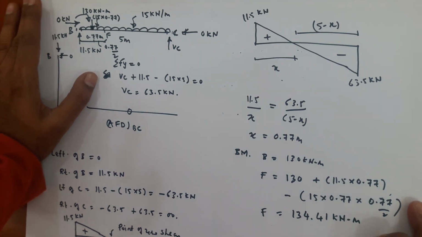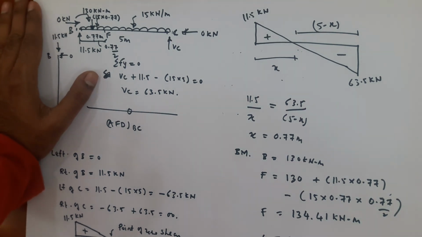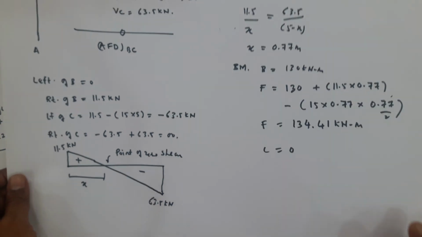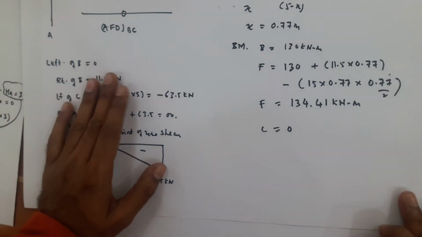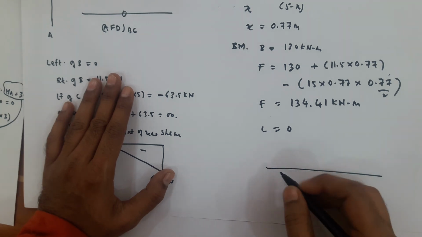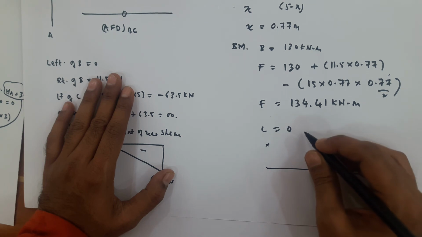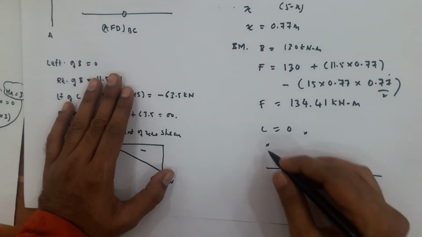So bending moment at C will be 0. I will explain how it is 0. We have to draw the bending moment diagram. This is the datum. Bending moment at B is 130, bending moment at F is 134, and here it is 0.